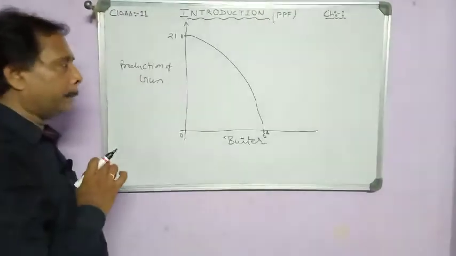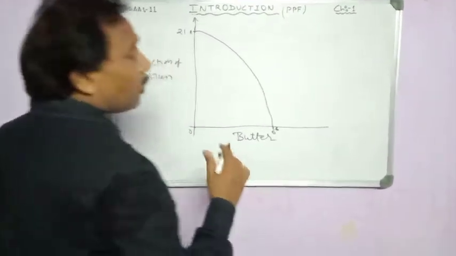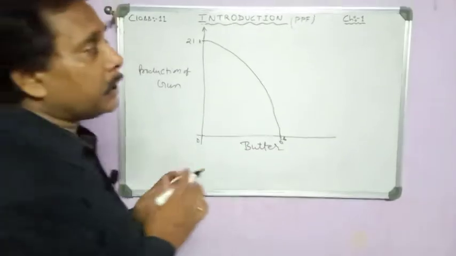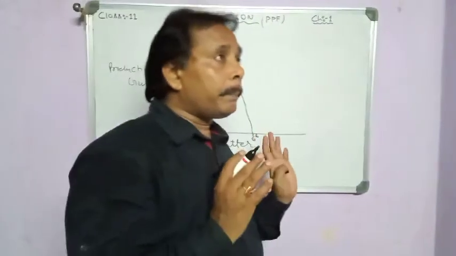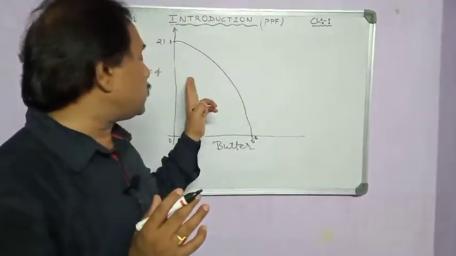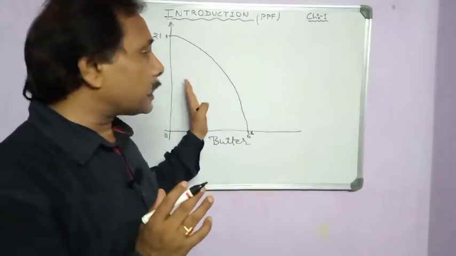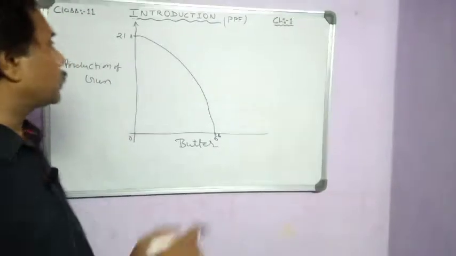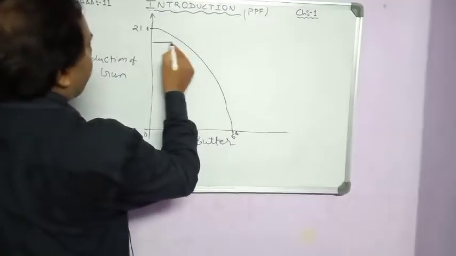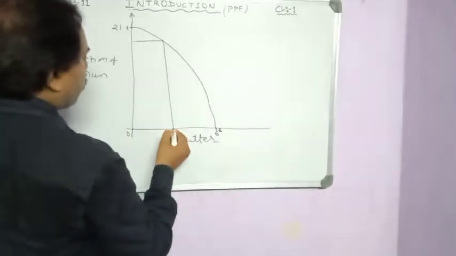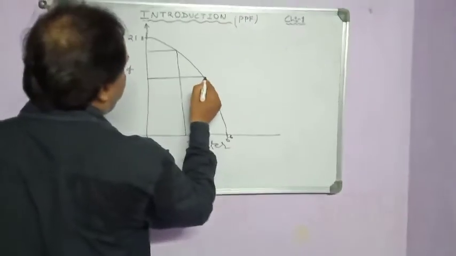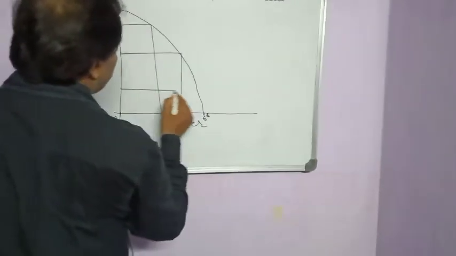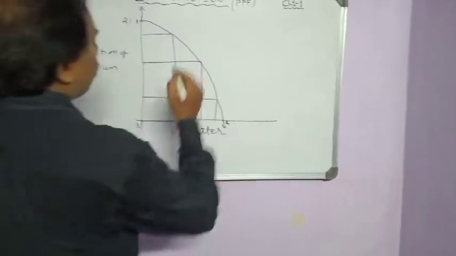units of gun. So here, according to the definition, the production possibility curve represents the different possible combinations of two goods. So here I can take some examples to locate the combinations.